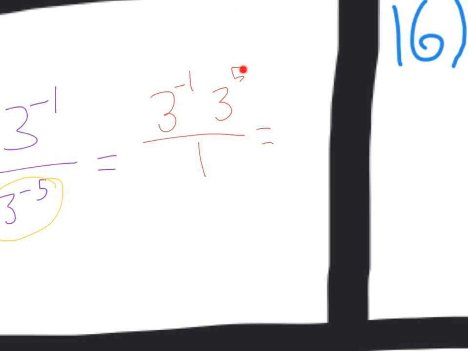We can add our exponents. Negative 1 plus 5 would get you 3 to the 4th over 1. And 3 to the 4th over 1 is just the same as 3 to the 4th, which is actually going to be 81. Because that's 3 times 3 times 3 times 3.